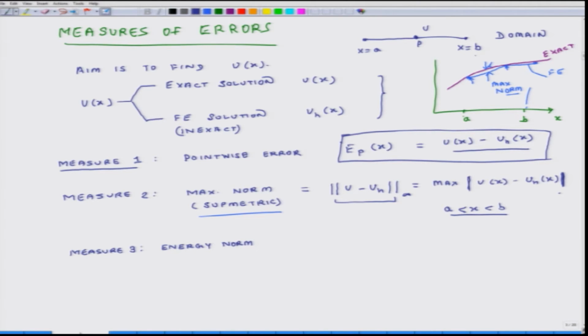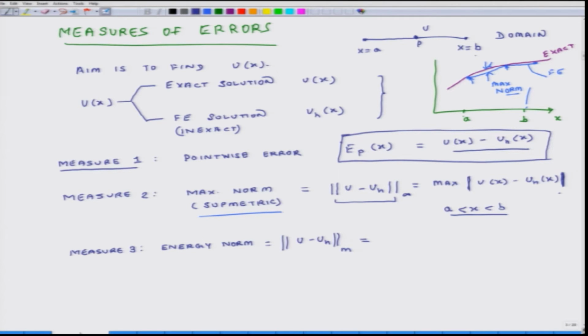So, this is how it is designated. Two parallel bars, then you write u minus uh, and then another two parallel bars, and then you put a subscript infinity. Now, this energy norm is written as u minus uh, and here the subscript is m. So, m designates energy norm.